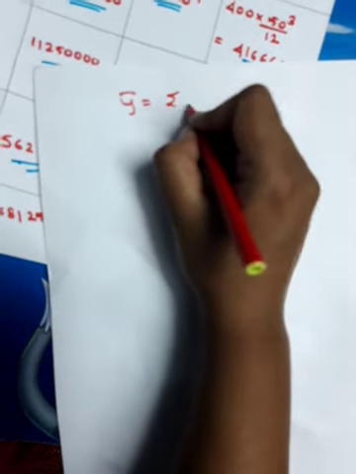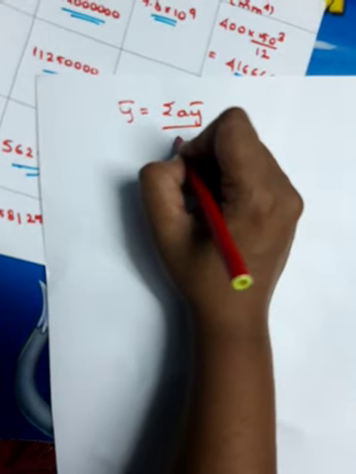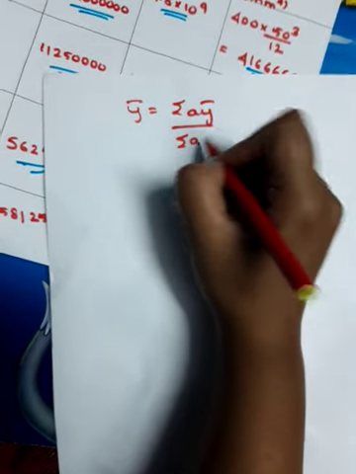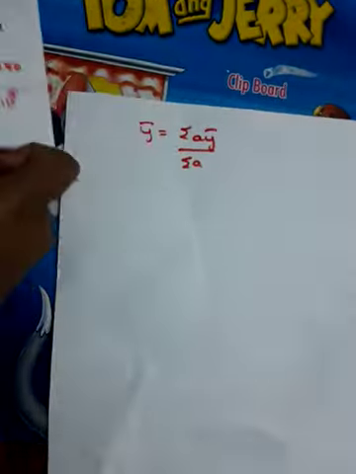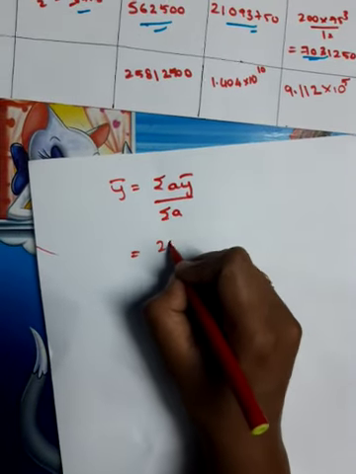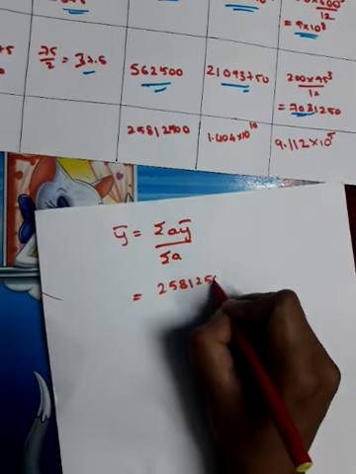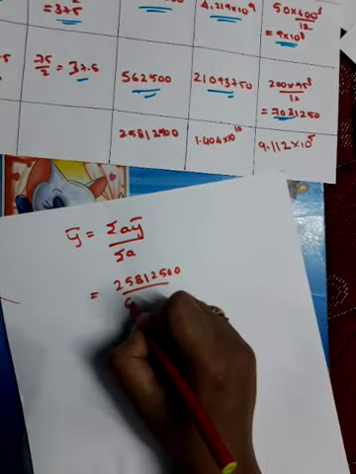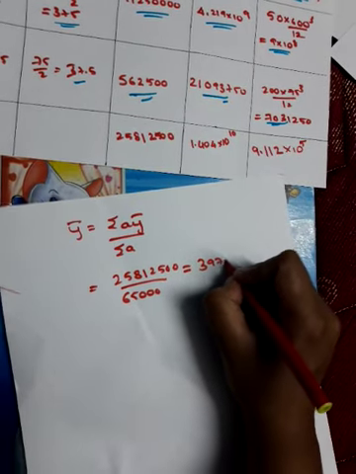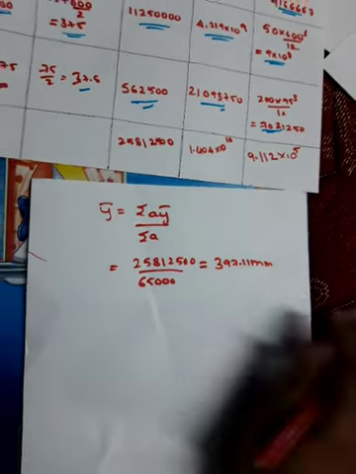Y bar is summation of A y bar divided by summation of A. So summation of A y bar you can see here, this value, 25812500. Area is 65,000. So we'll be getting 397.11 mm. So this is the y bar value.